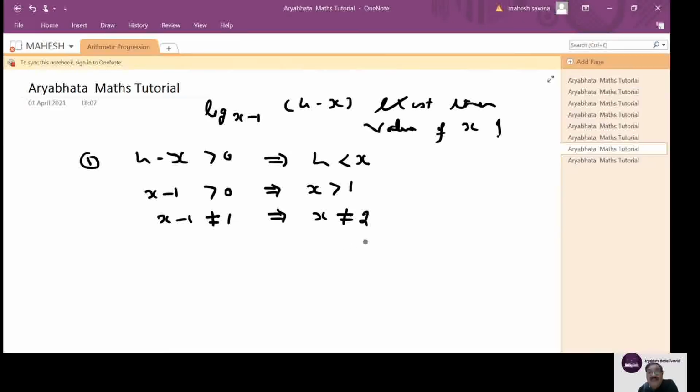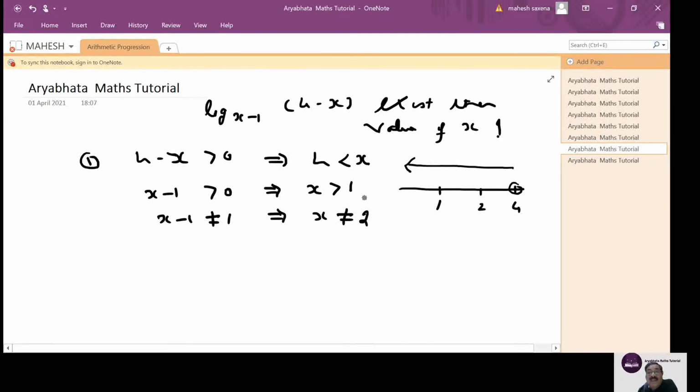Now on a number line, it is 1, it is 2, it is 4. First condition is that x is less than 4. It means x should be below 4 and x should not be 4.